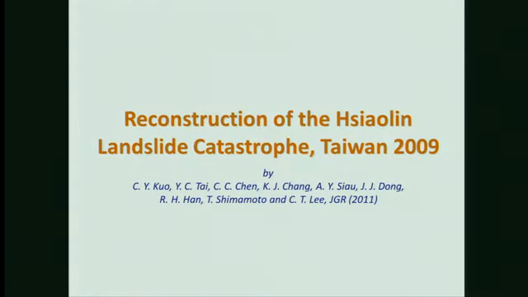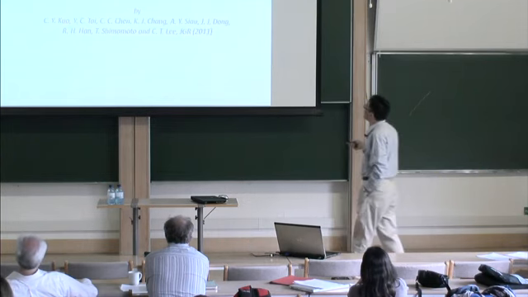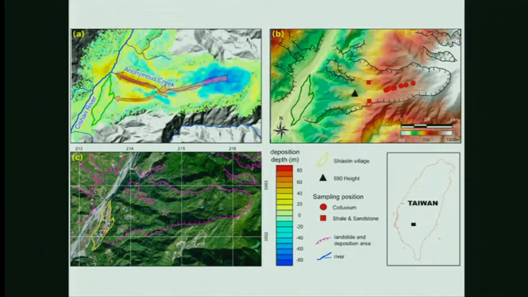Now we want to apply this formulation to the real case. At first, we come back to the view of the area of the Shaolin village. We have the scar area from here, and the landslide flow was divided by a ridge, we call it 590 height, into two streams.